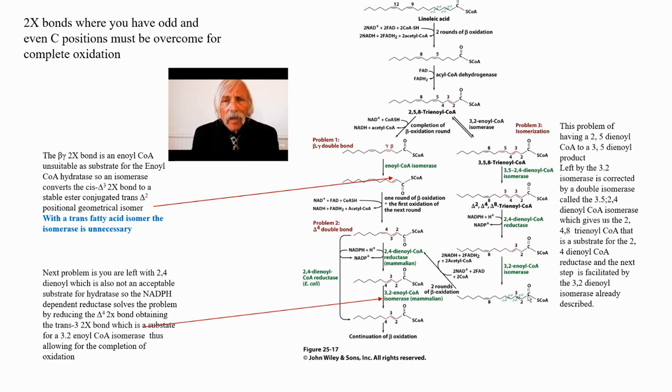So trans fatty acids that you find in the diet, particularly, can be synthesized by the rumen in ruminant animals, both in fatty acids that are found in meat, but also in dairy products.